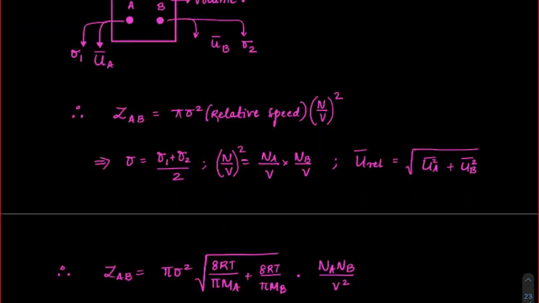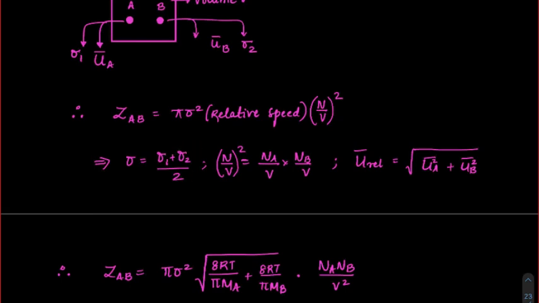Then the collision frequency will be given by the general formula: pi sigma square into some relative speed multiplied by n by v whole square. Now what would be this sigma here? Sigma will be the average of both the radii, that is sigma 1 plus sigma 2 by 2.